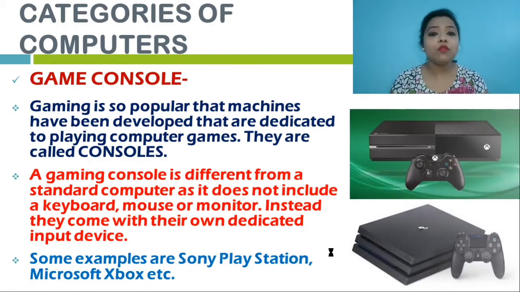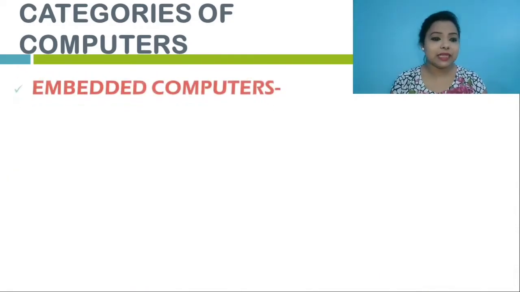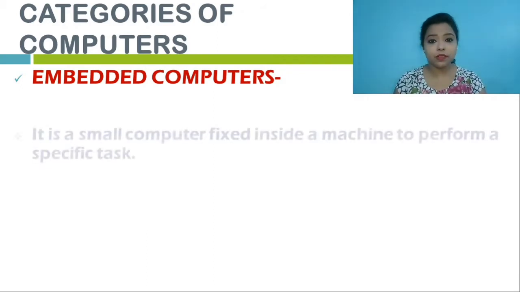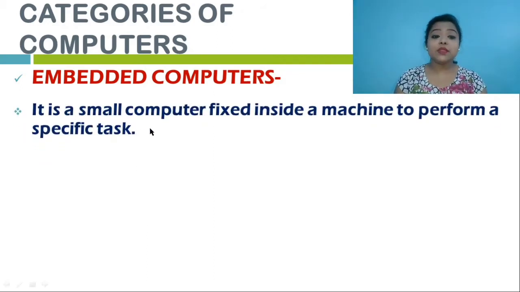Okay, so now moving on to the next category, that is embedded computer. This is also one of the popular and mostly used computers. And what is the purpose of this? See, it is a small computer fixed inside a machine to perform a specific task. So basically these embedded computers are small computers or small technologies which are already inbuilt in a machine. Okay, this we cannot use separately.